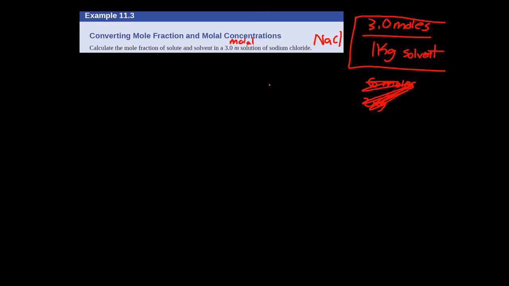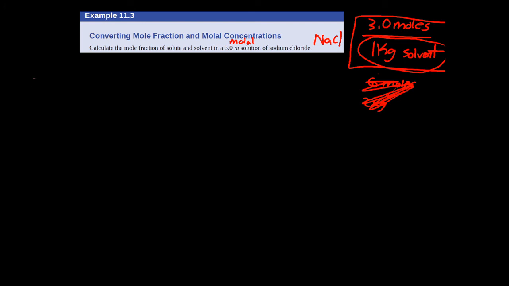So this actually already tells us what the top part of our fraction is going to be for the mole fraction, because we just said we have 3 moles of the solute. So really the only other thing we need to figure out is how many moles of solvent we have. And thankfully, we know how many kilograms of solvent we have, because that is built into the molality.